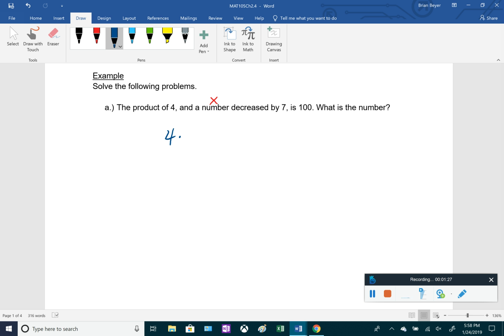Decreased means subtraction. So we actually need parentheses around this. And a hint for why we need parentheses is because of this comma, and this comma also. So it's the product of 4, and then those commas are like parentheses, and a number that was already decreased by 7.